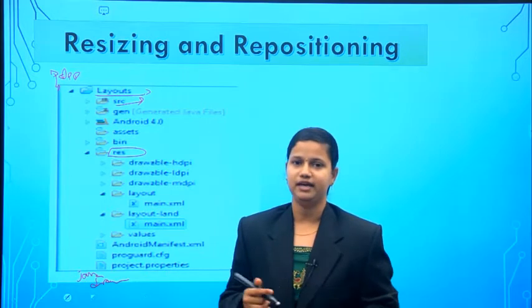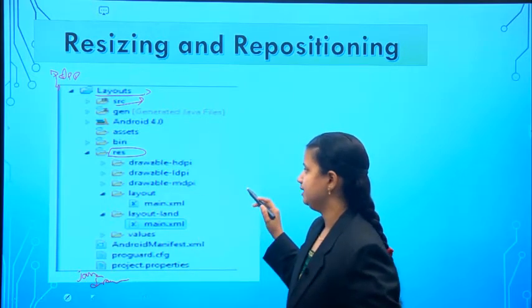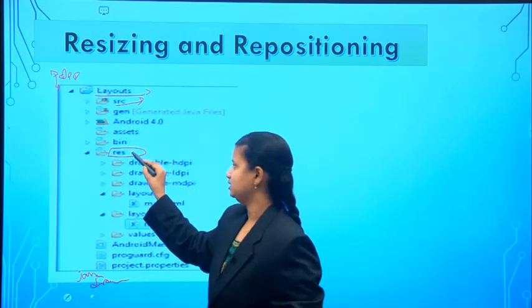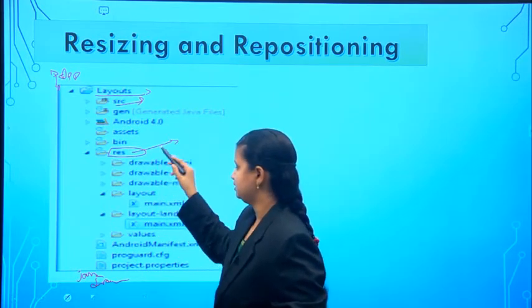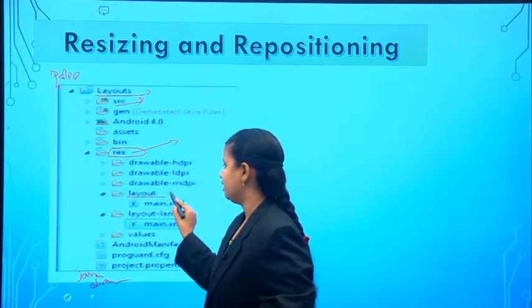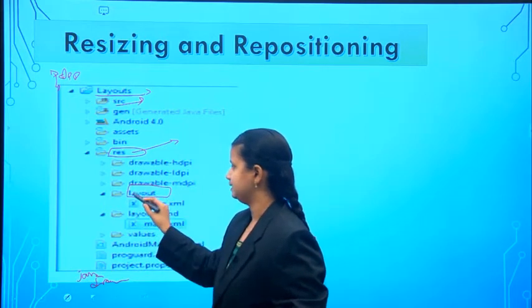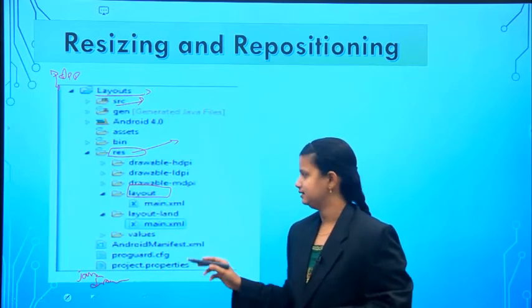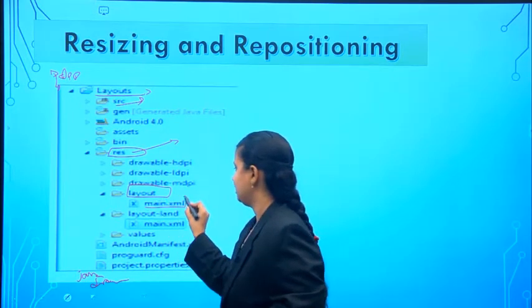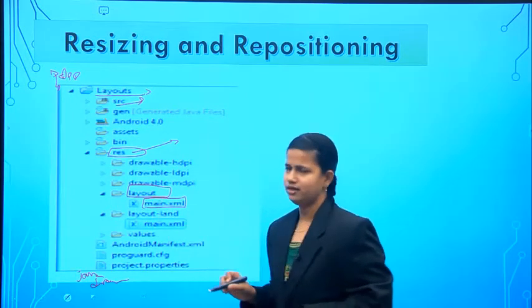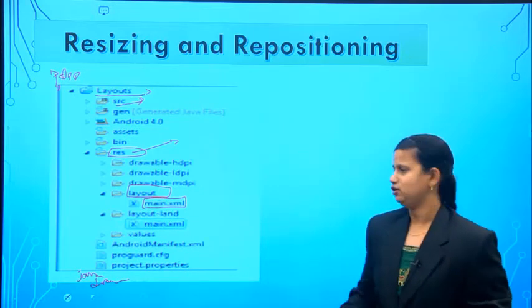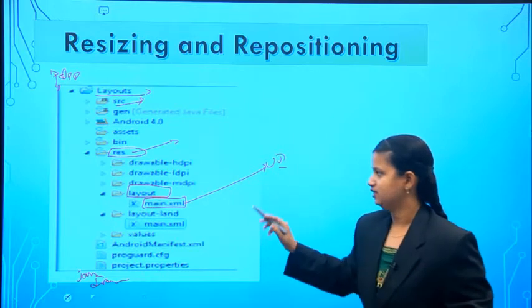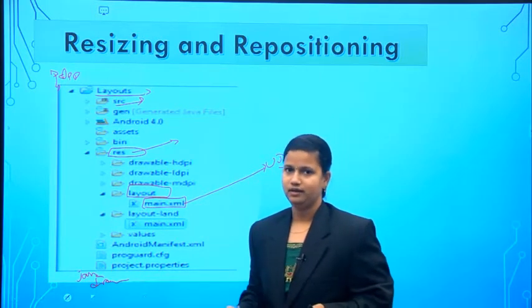The IDE maintains all this structure. In that folder structure, we observe RES. The RES contains layout as a subfolder. The layout folder contains the main.xml file, which means your activity's user interface file is presented in this main.xml.